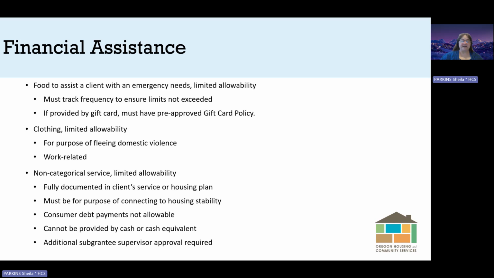Unless it is for the purpose of fleeing domestic violence, in which clothing could not be taken at the time, it means a specified article of clothing, such as shoes, boots, hats, shirts, slacks, skirts, or outerwear for an employee and required by the employer to perform the functions of the job or provide a distinctive and easily identifiable appearance in performing his or her job, and is not covered by a uniform allowance. If using funds for clothing purchases, the subgrantee must document why other donations or community resources are not available to meet the need.